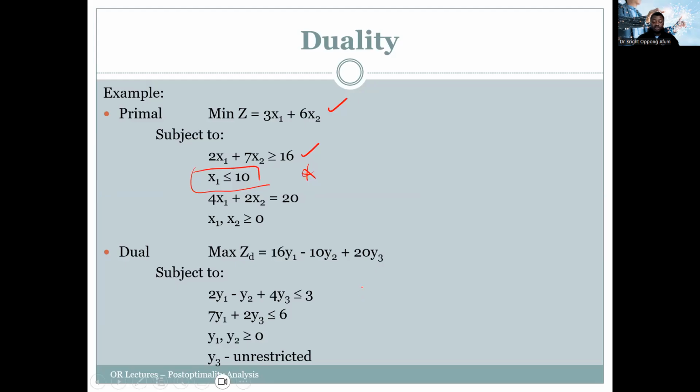We need to transform this and say that -1 times this is greater than or equal to 10. Then we can use that to transform to the dual and say that this is our y1, this is our y2, this equation is our y3, and we can create the dual as 16, which is that, 10, which is that, and it's negative now because of this. We multiply by negative to be able to change the rule. These are all straightforward.